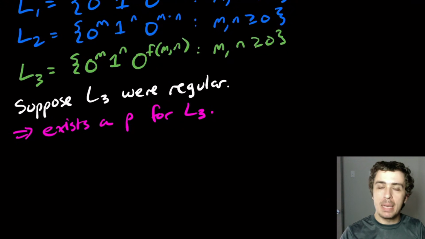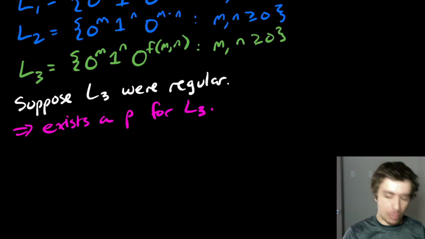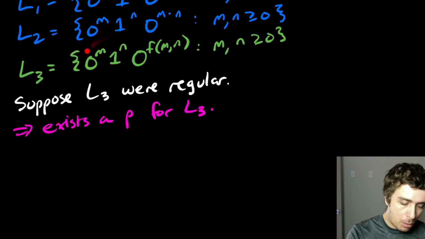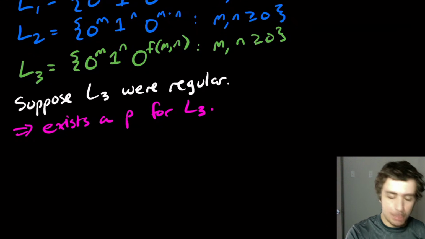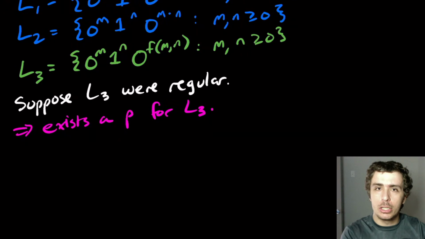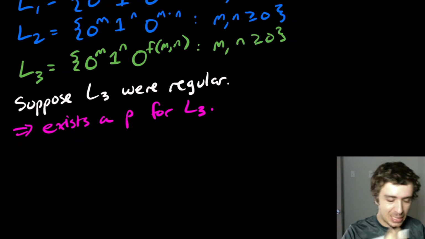So now we've got to pick a string that is of length at least P and is in that language. So what I'm going to do is just substitute P in for the exponents. It turns out that there are other parameters that will work here too for the first two languages, but if you just substitute P, it's really easy.